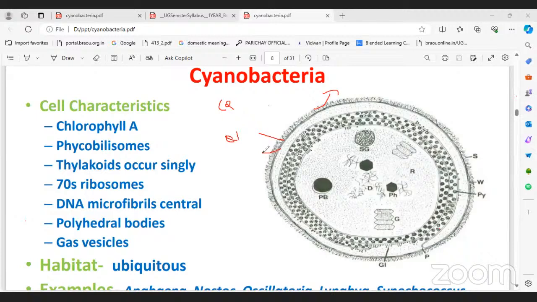What type of cell organelles are present in the cyanobacteria? Is it eukaryote or prokaryote?